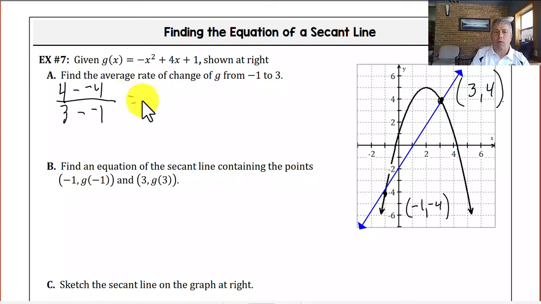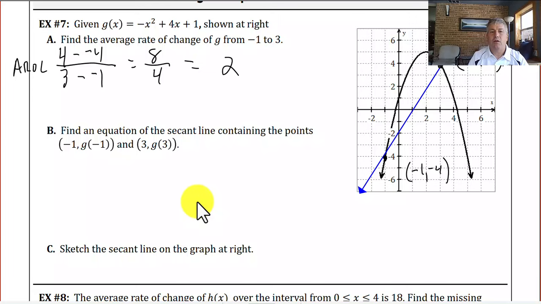So our slope, our average rate of change, is equal to 8 over 4, which is equal to 2. Now find the equation of the secant line containing the points (-1, g of -1) and (3, g of 3).